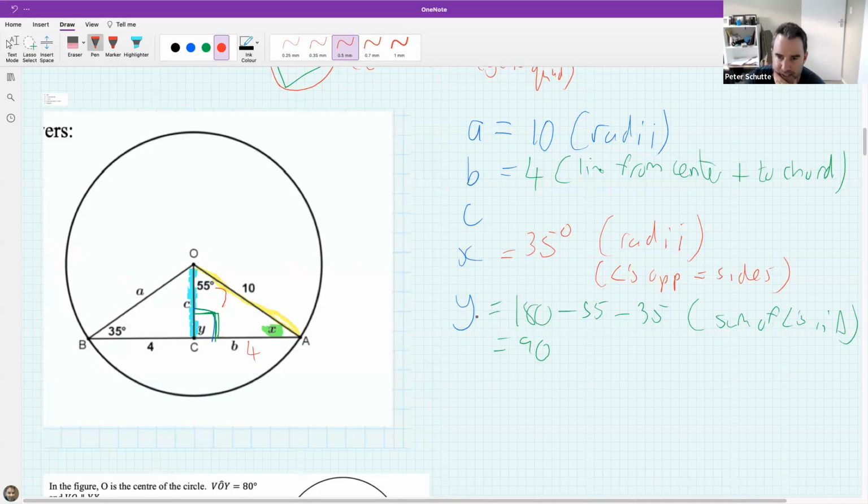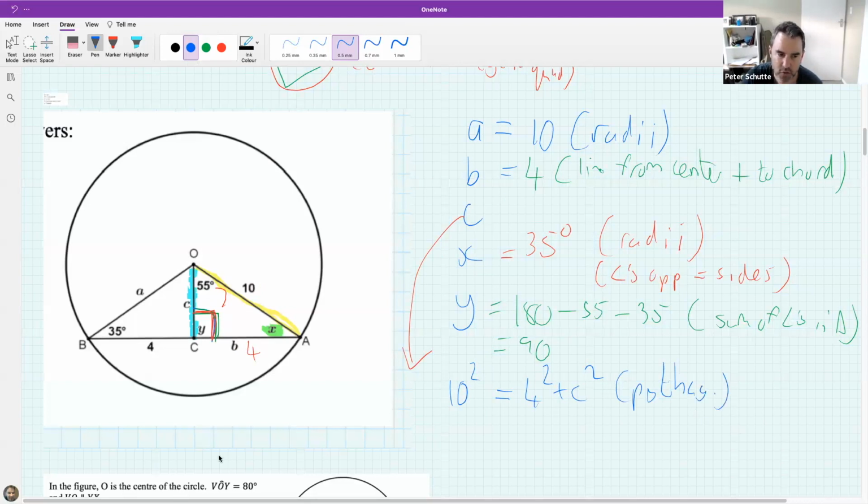Yes, you are smashing it. You know this is a 90-degree angle. You know that you have 10. You know you have 4. And so if I take my working out down here, I can say that 10 squared is equal to 4 squared plus c squared by Pythag.